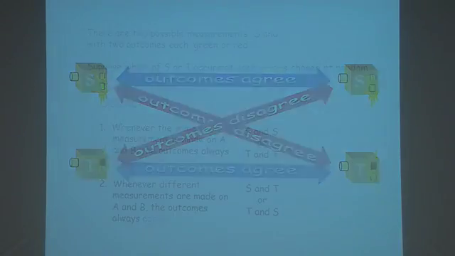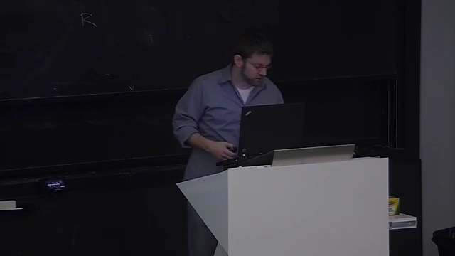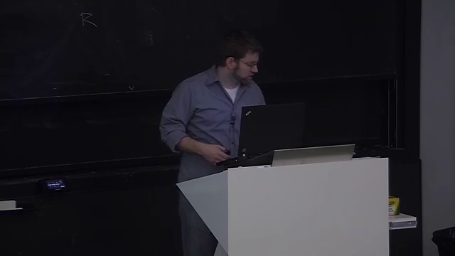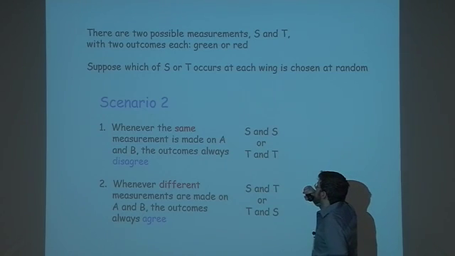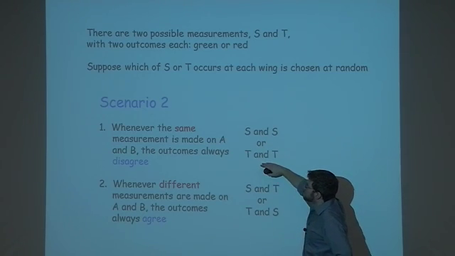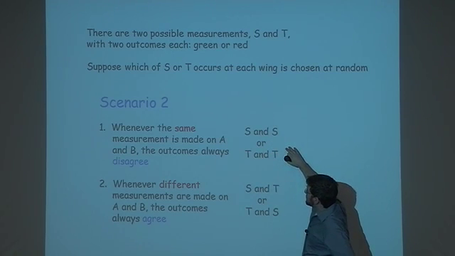So next challenge is this one. Again, I'll give you a chance to think about it, and whoever can explain a winning strategy will win $1. The setup is the same: 2 measurements, 2 outcomes. They'll each occur with equal probability. If the same measurement is made on the 2 sides, then the outcomes have to disagree.